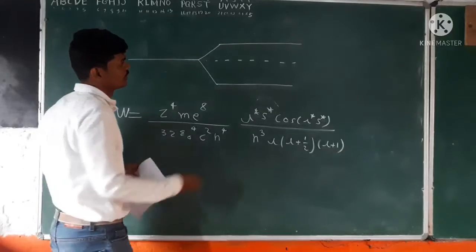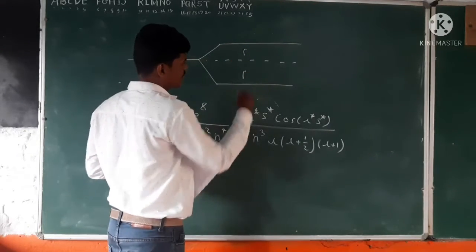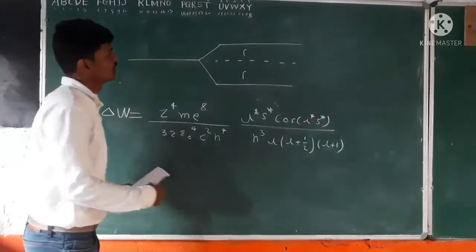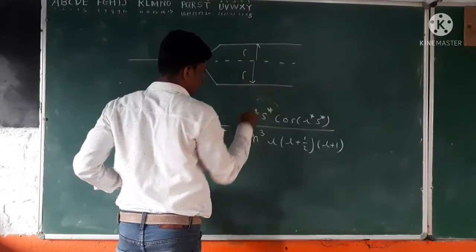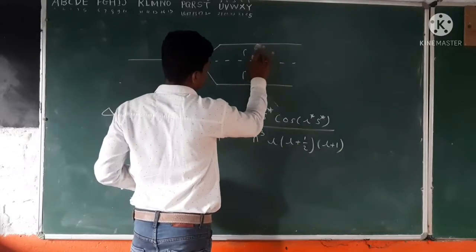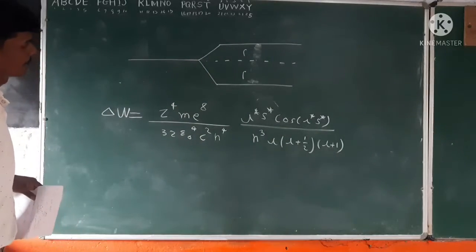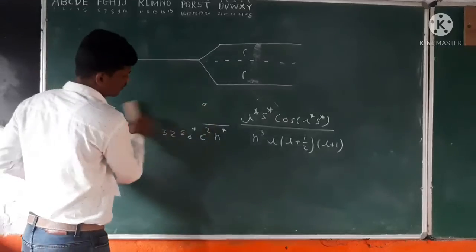It has a term shift. That means this value, tau and tau 2 you can say. So this shift is a term shift and it has some value. We are going to calculate this value now. So let's calculate this term shift.